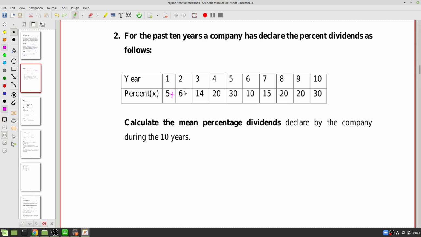Again, we add all of them together and divide by how many of them there are. 1, 2, 3, 4, 5, 6, 7, 8, 9, 10. So that gives 11, 25, 45, 75, 85, 100, 120, 140, 170 over 10 equals 17. There we go, that's our mean.